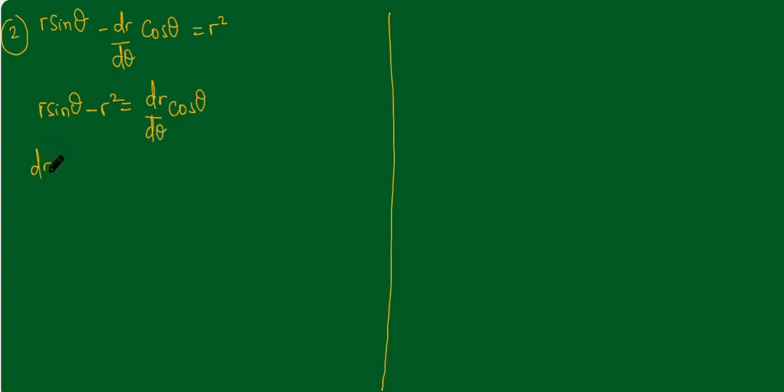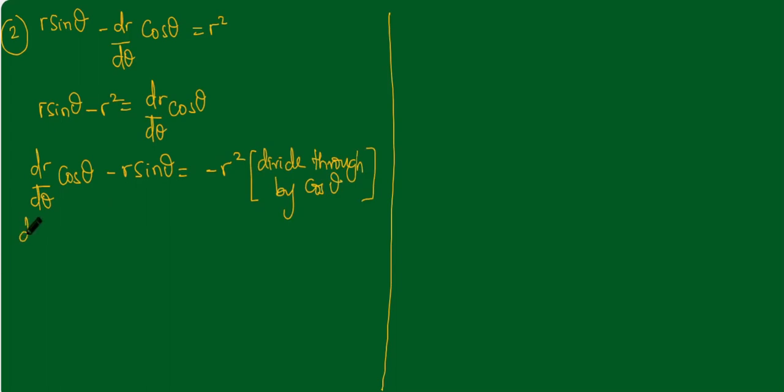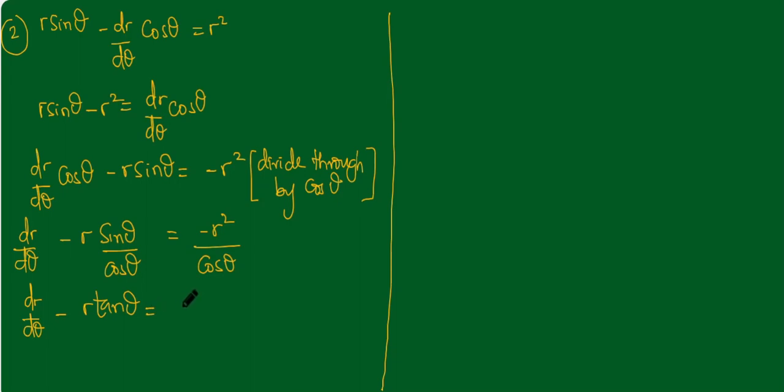So we have dr/d theta cos theta minus r sin theta is equal to minus r squared. Dividing all through by cos theta, we have dr/d theta minus r sin theta divided by cos theta is equal to minus r squared divided by cos theta. So we have dr/d theta minus r tan theta is equal to minus r squared cos theta.